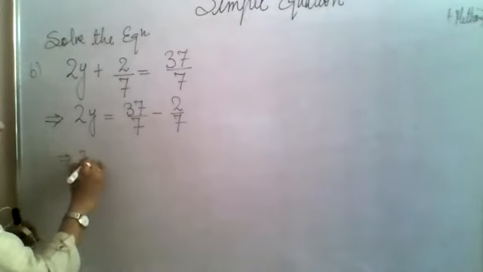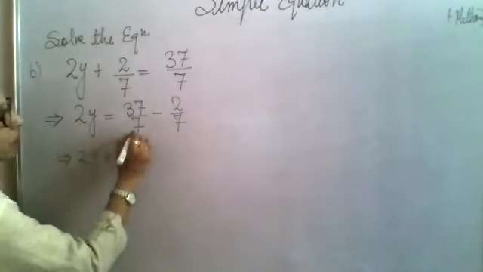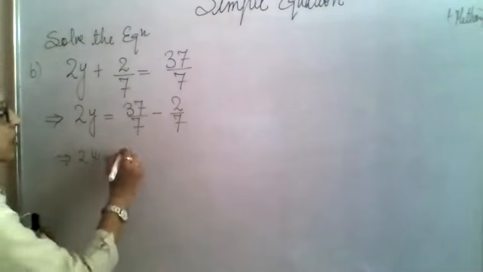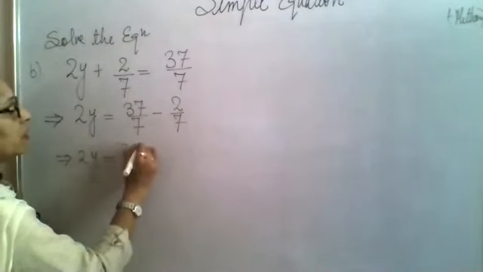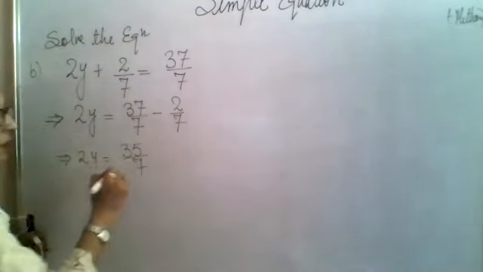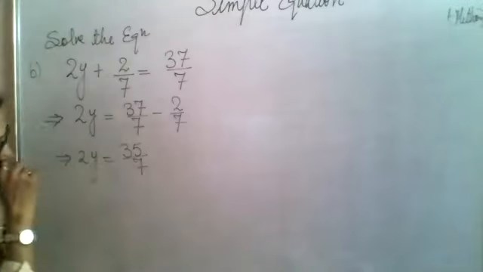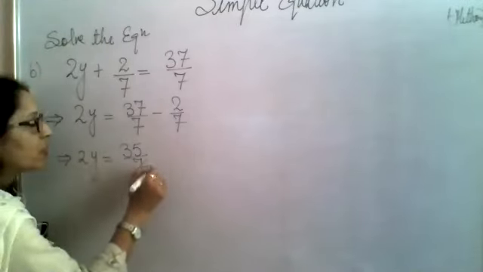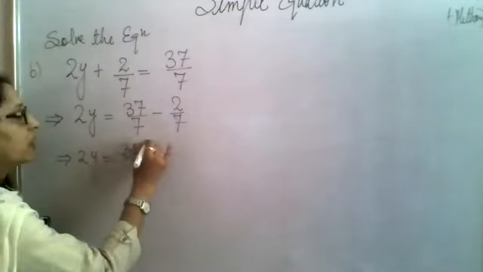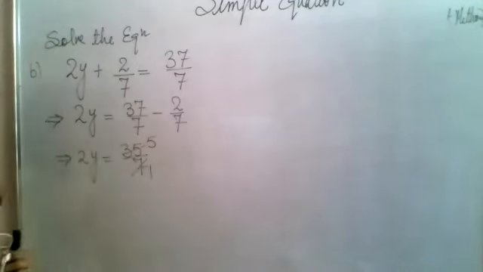What answer will come? 2y is equal to, because denominators are same, so you can write 35 upon 7. If possible, then cancel, otherwise write as it is. Now, if you look here, cancellation is possible. So I will cancel. 7 1 is the 7. 7 5s are 35.